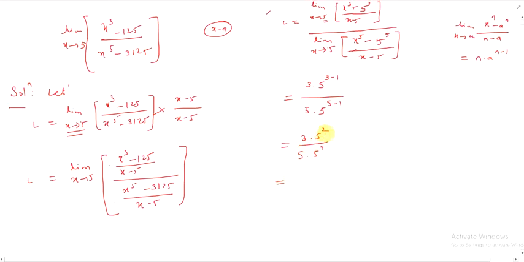Here we can cancel 5 square from numerator and denominator, then the term left in the denominator is 5 square, because 4 minus 2 is equal to 2. Then if the base is the same, we can add the indices. So the index is 1 plus 2, that is 3, that is 5 cube, that is 3 by 125. Hence our required answer is L is equal to 3 by 125.